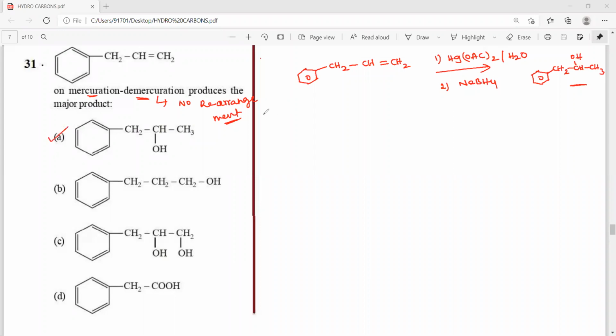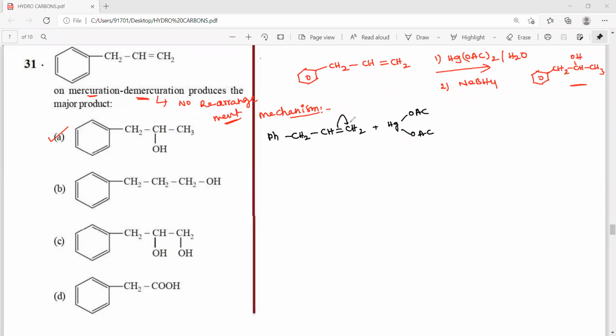Okay, students, let's see the mechanism. What is oxymercuration and demercuration? First, this phenyl CH2 reacts with mercuric acetate, Hg(OAc)2.